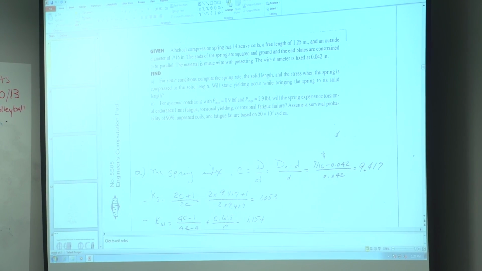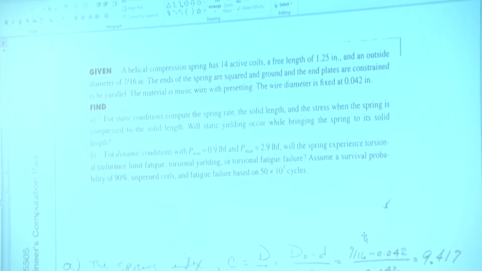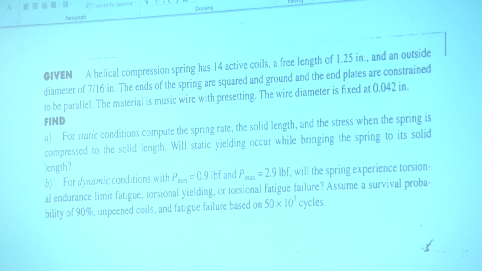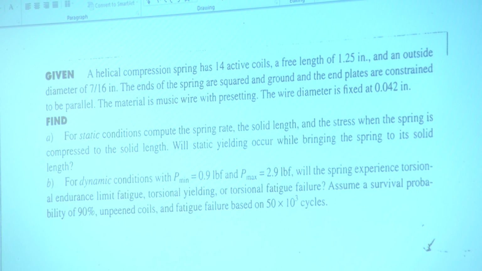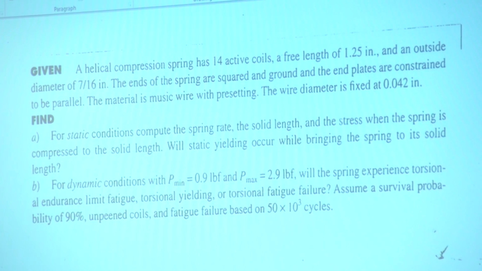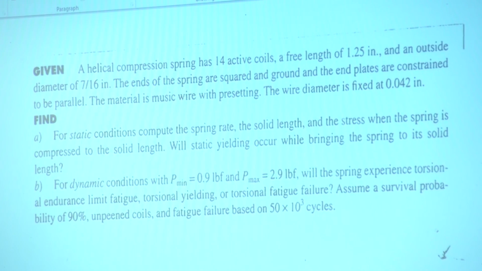A helical compression spring has 14 active coils, a free length of 1.25 inches, and an outside diameter of 7/16 of an inch. The ends of the spring are squared and ground, and the end plates are constrained to be parallel. This is for both your surge and buckling. The material is music wire with presetting. The wire diameter is fixed at 0.042 inches.